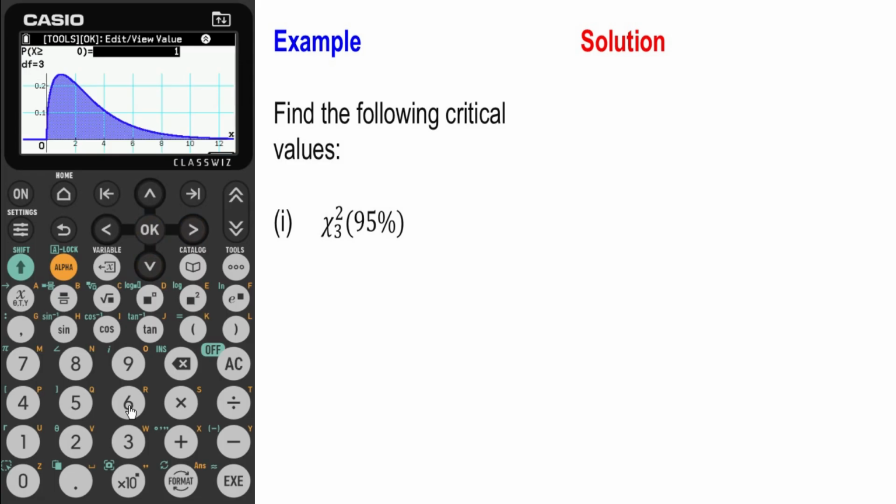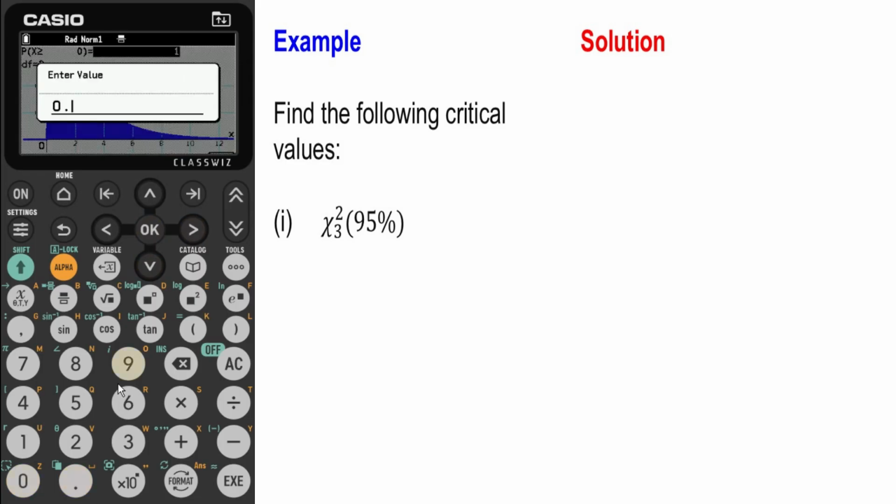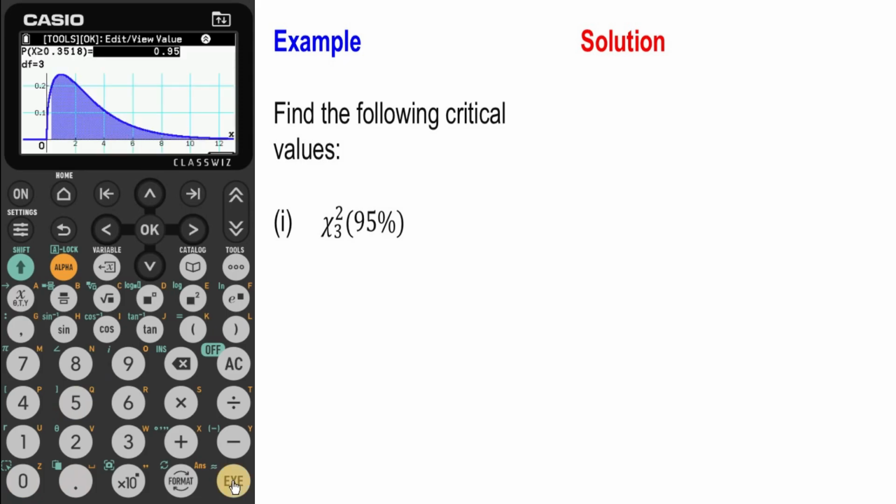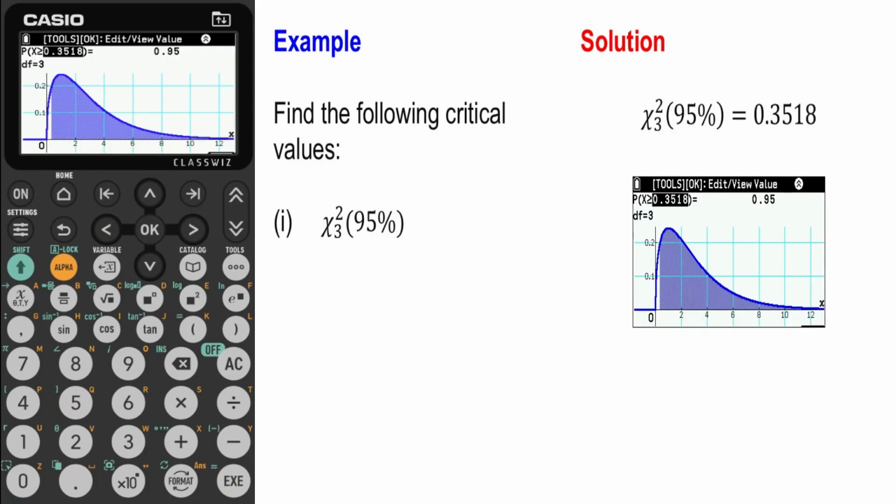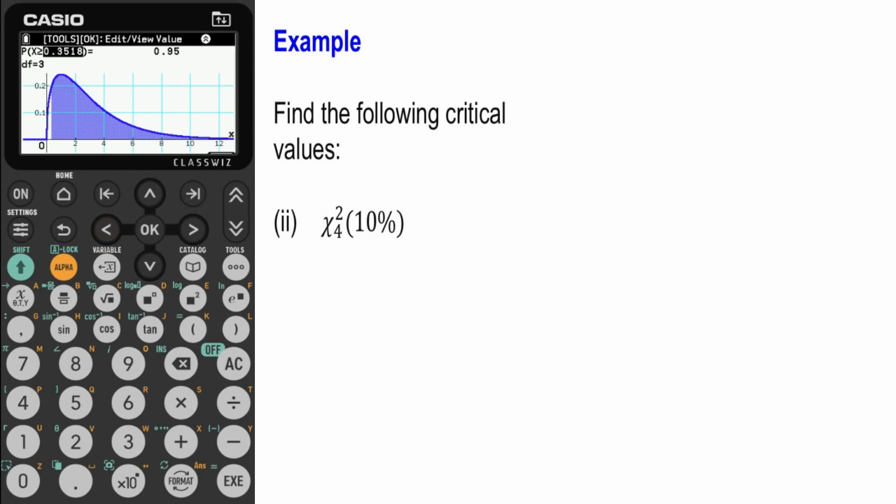Then we change this to 95%. You will find the critical value to be 0.3518.